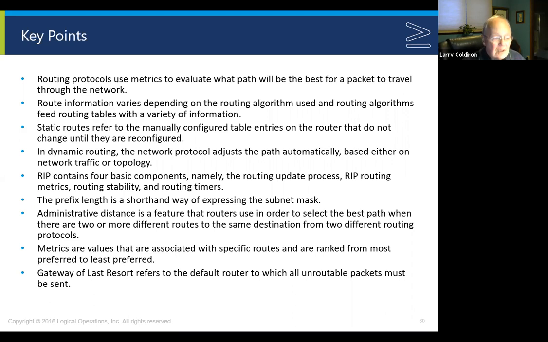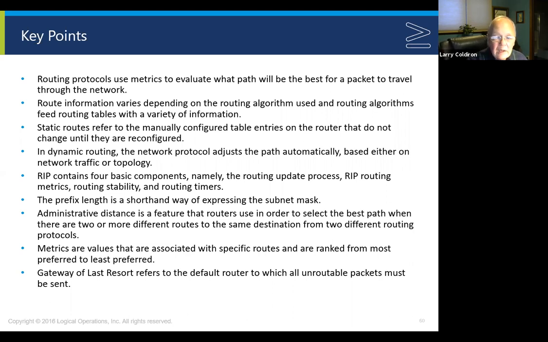OSPF uses cost, and EIGRP uses a hybrid metric. It really uses bandwidth and delay to do its calculations. There's a whole bunch of elements in there, but when you look at all of the calculation it does, bandwidth and delay is what it uses. And the bandwidth is the lowest bandwidth between it and wherever it's going to.